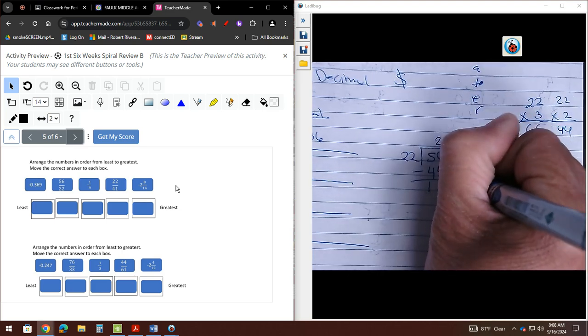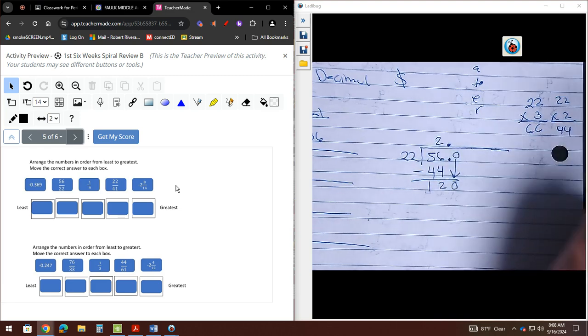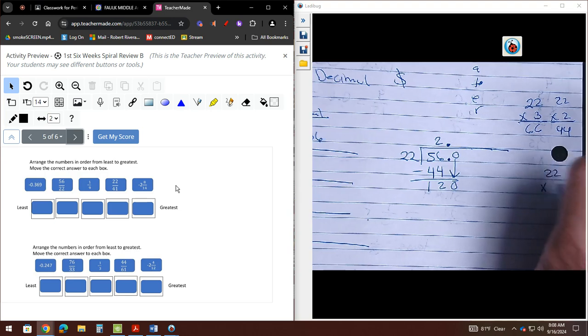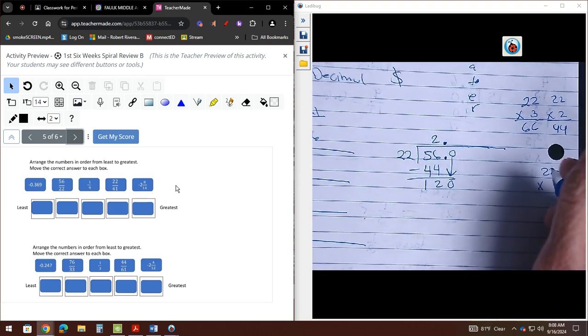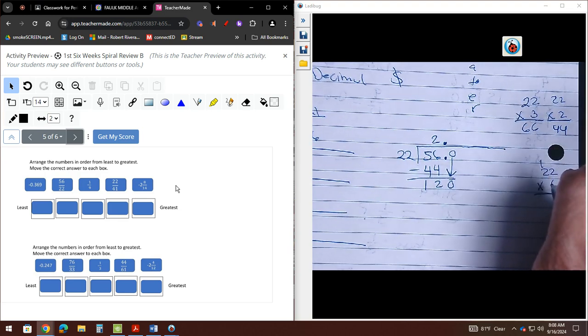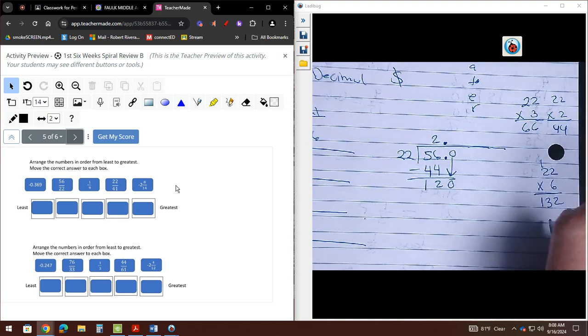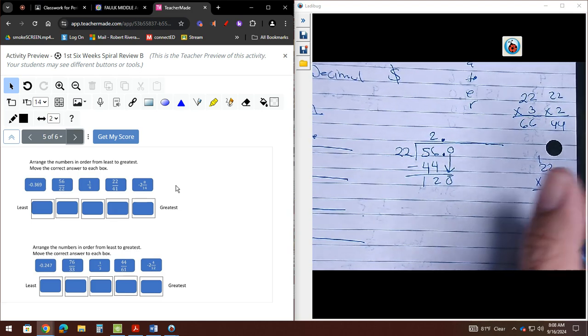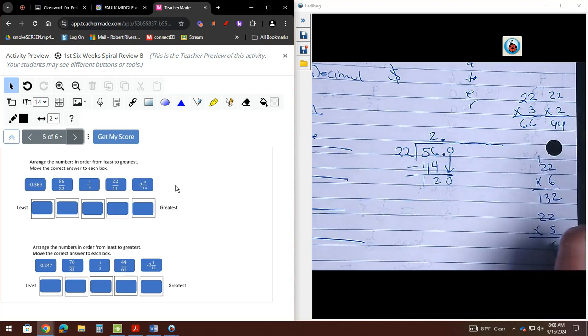Add a 0. And go to the side again. Let me try 6 now. 12, 12, 13, 132. It went over, so let me try 5. A lot of multiplying on the side on these because it's 2 digits. So it is 5.